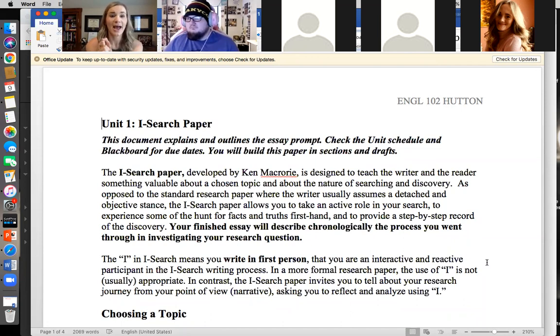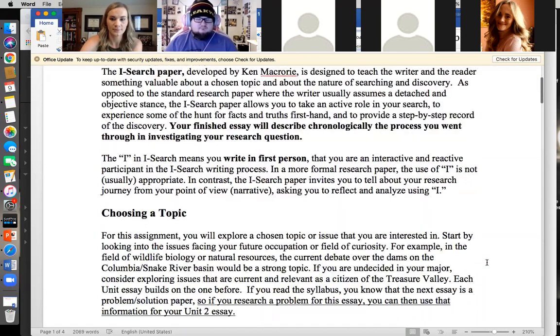One, we are learning how to conduct good research, right? By finding credible sources. Okay, and 2, we are learning as much as we possibly can about the topic that we've chosen. Those are 2 of the major goals with this paper. Okay, so you're going to be telling us the story of that research process.